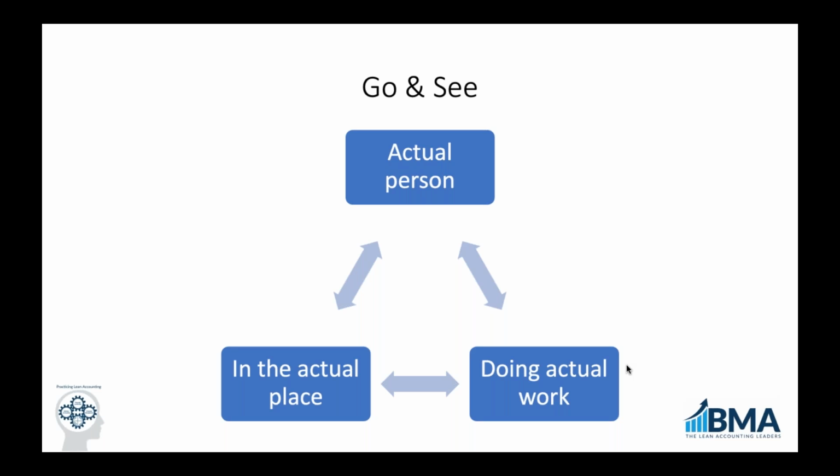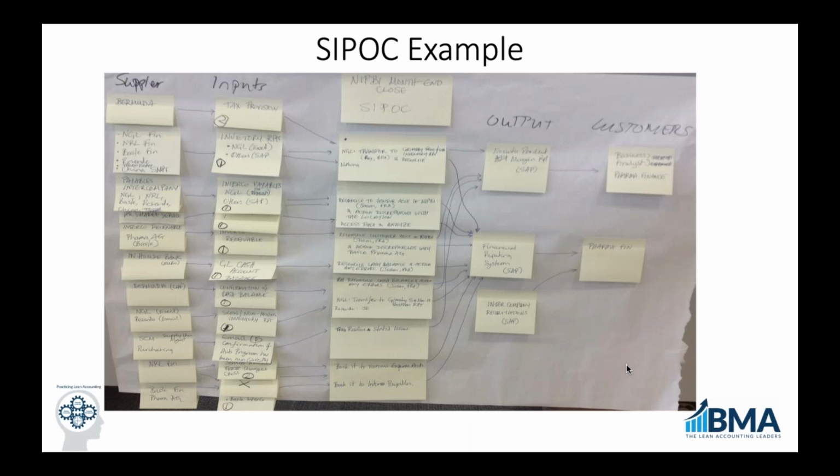So you can do virtual Go Sees too. It's possible. And really critical, since a lot of our work is knowledge work done on a screen anyway. Sharing screens is an easy way to do that.